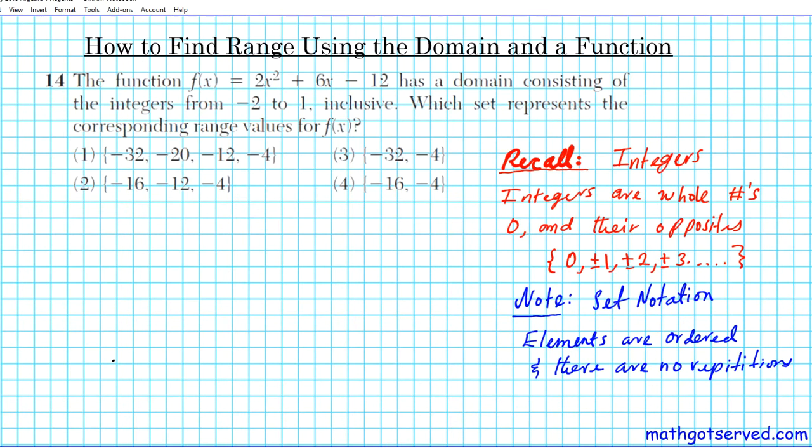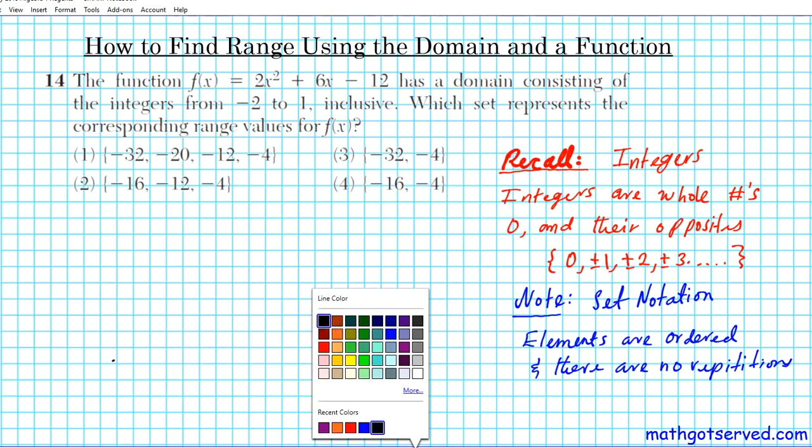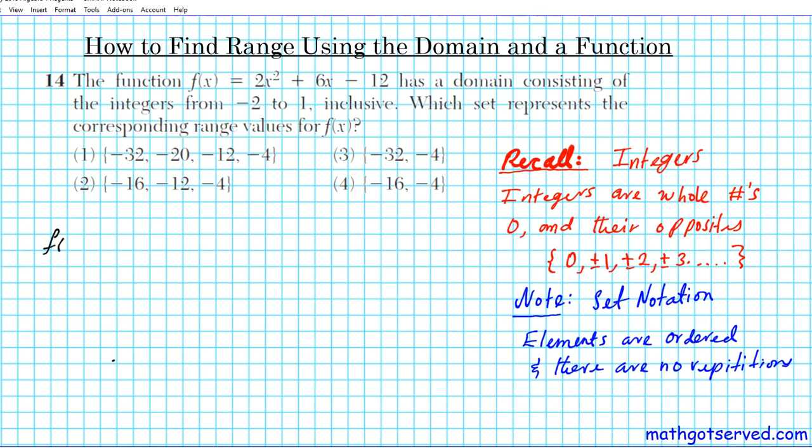So let's start off by writing down what the function is. The function is 2x squared plus 6x minus 12, and the domain is integers from -2 to 1 inclusive.